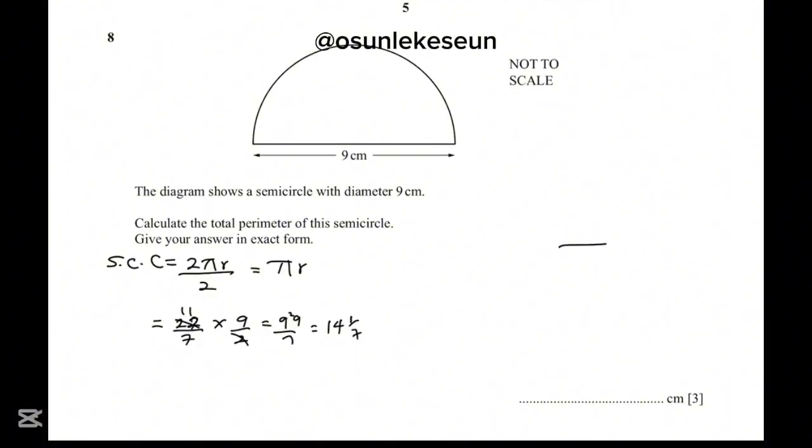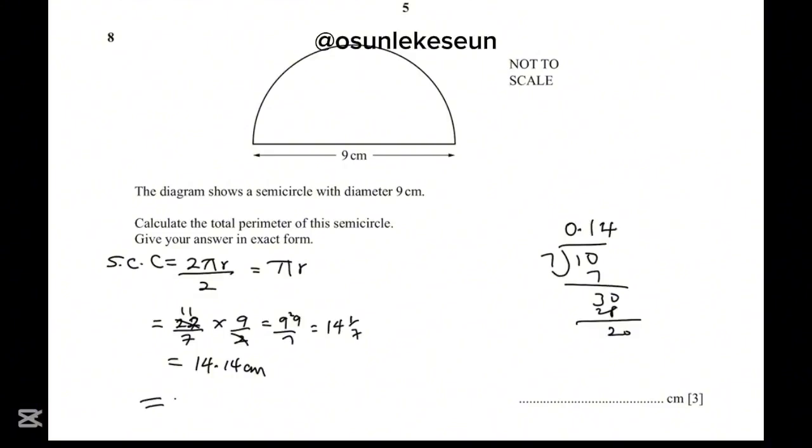So let's quickly check what 1 over 7 is going to be. That's going to give us 0.142857 again. So we're going to round to 2 decimal places. It's going to give us 14.14 centimeters.